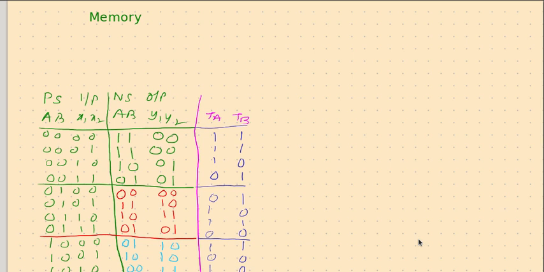So in this direction, I would like to make use of the memory discussed in our previous session. Can memory be useful to us? Let us see where we can use it. This was a state table we had defined for a two-input, two-output case in our previous session. I have copied this table for our further argument.